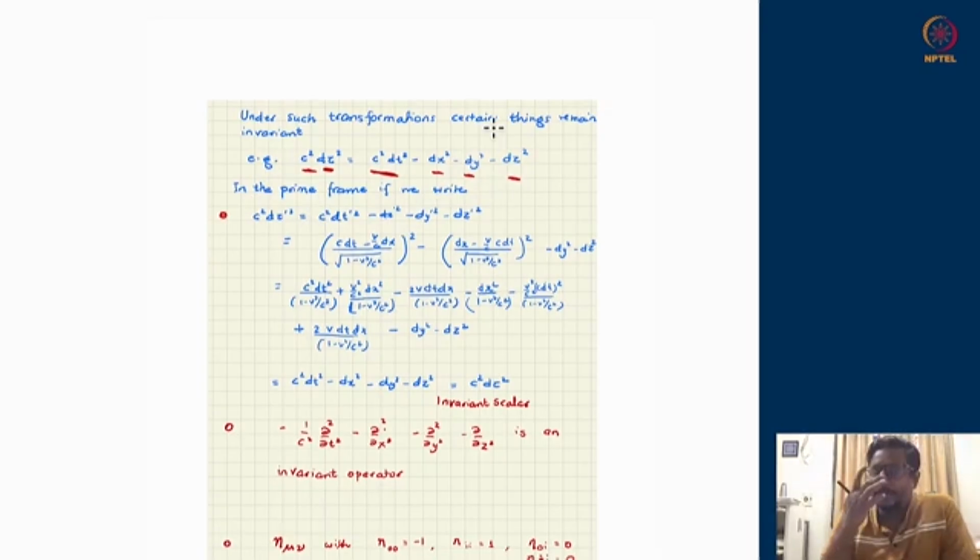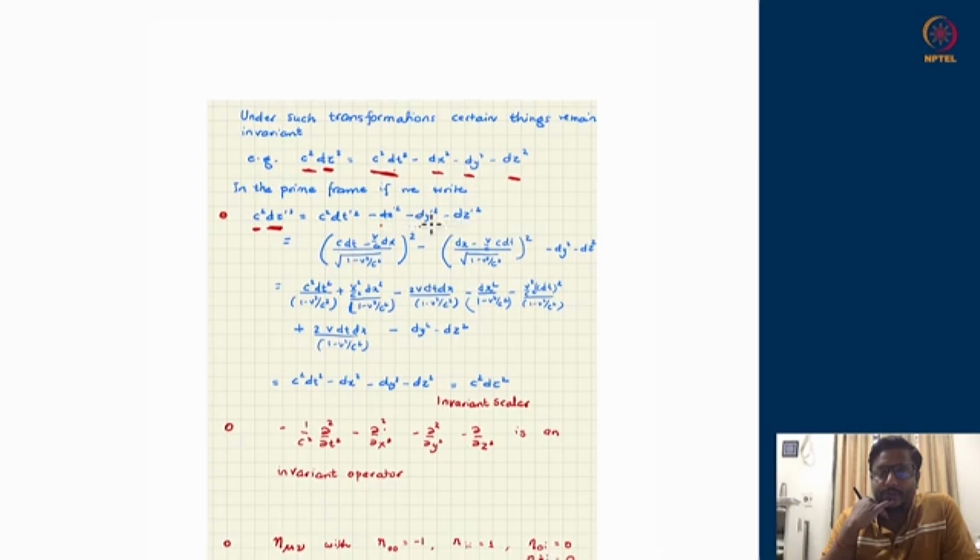Let us find out what happens in the primed frame. In the primed frame, c square remains c square because it is a constant. D tau should become d tau prime, and its appearance should be c squared dt primed square minus dx primed square minus dy primed square minus dz primed square.